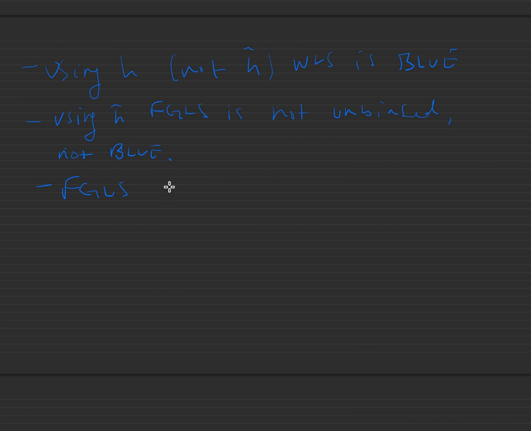FGLS is, however, more asymptotically efficient than OLS.